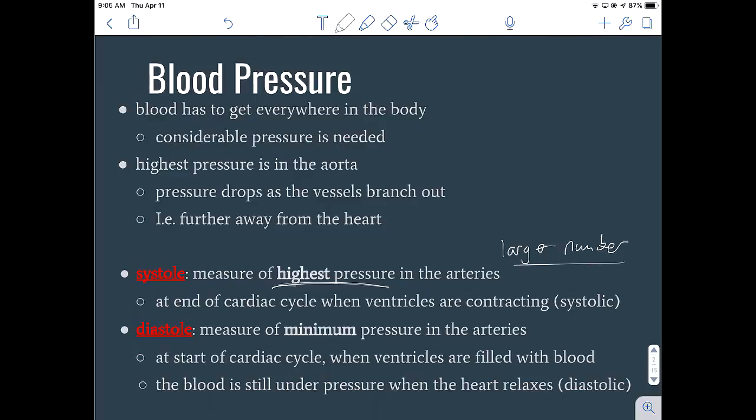So, let's take our heart here. Remember that the heart cycle begins as the ventricle is being filled. So as blood is pouring into the ventricles from the atria, under their compression, that is going to be the start of our cycle.